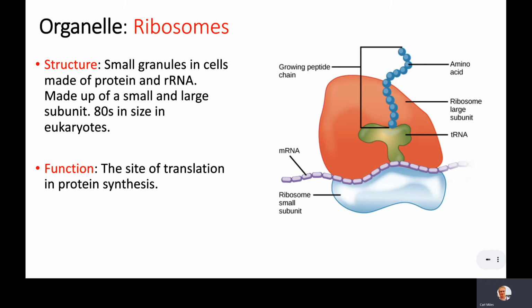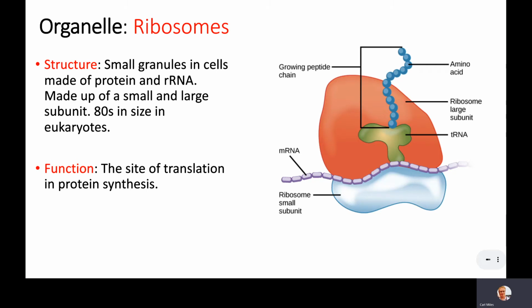Ribosomes are a very common organelle, often overlooked very quickly. They're really made up of protein. They're very small, one of the smallest structures that we'll commonly refer to. You can't see them with a normal light microscope, but their main function is in the support of protein synthesis.